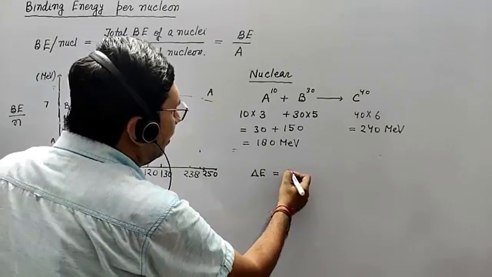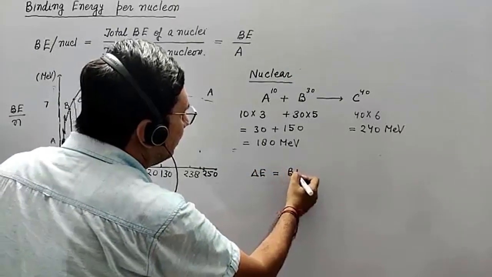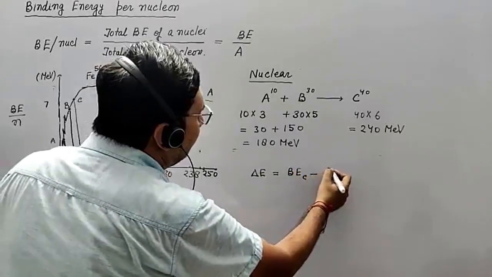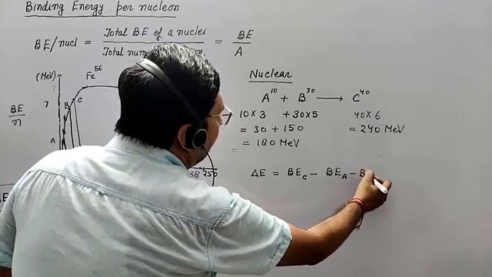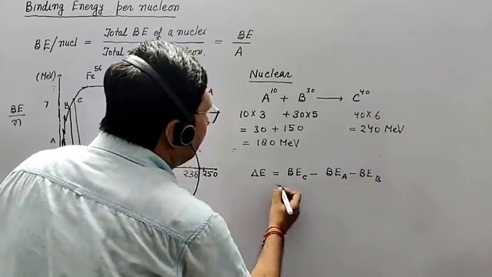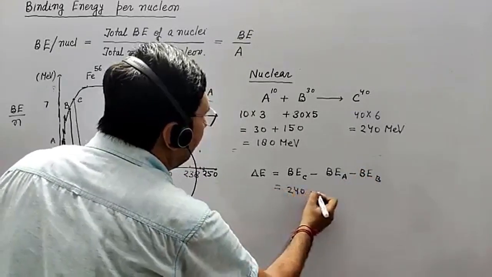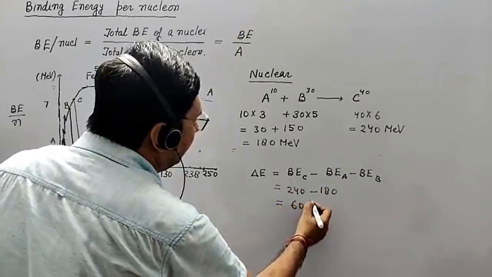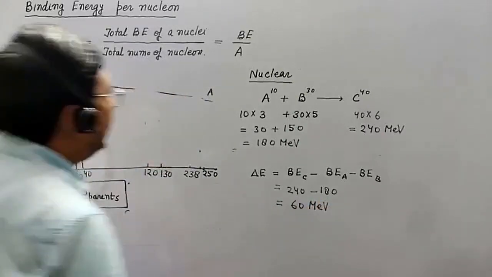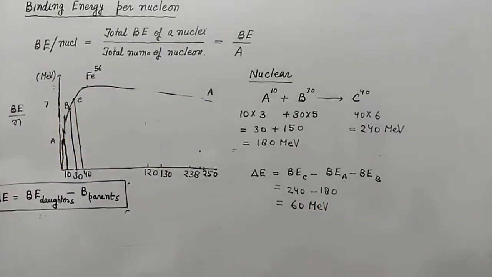This will be the binding energy of C minus the binding energy of A minus the binding energy of B. So this is 240 minus 180. This will be 60 MeV. So in this case, 60 MeV of energy will be released.